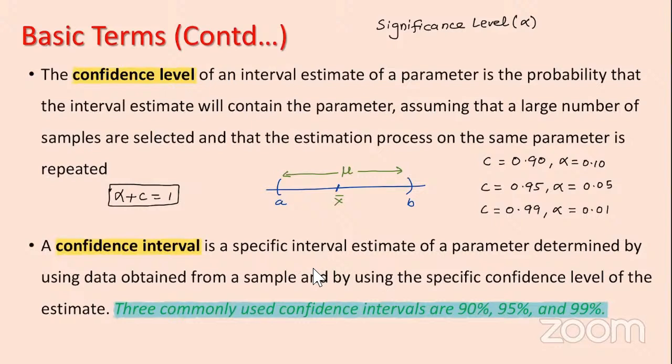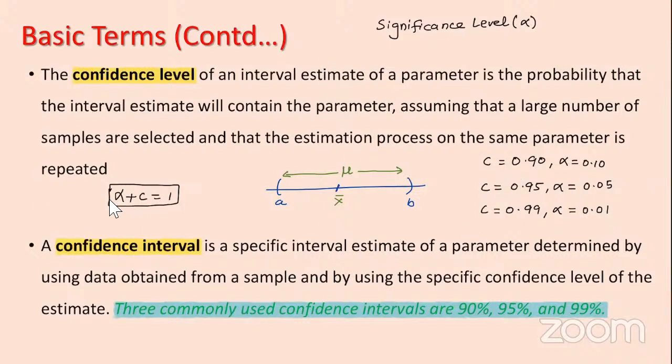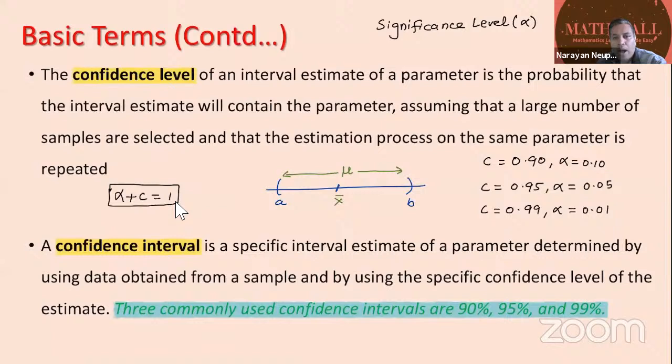Yeah, how did you get those 0.10, 0.05, 0.01? Okay, so as I said before, the sum of alpha and C will be 1, because confidence level is the probability with which we guarantee that the population parameter lies in that interval. So significance level alpha is the complement of that.